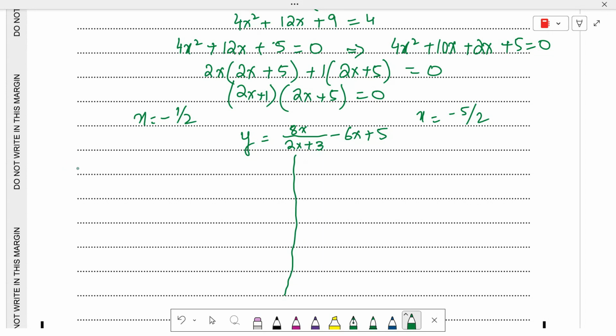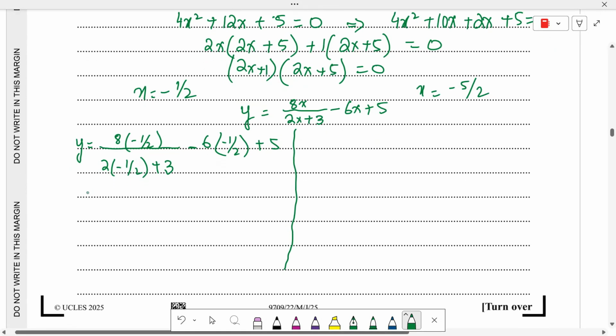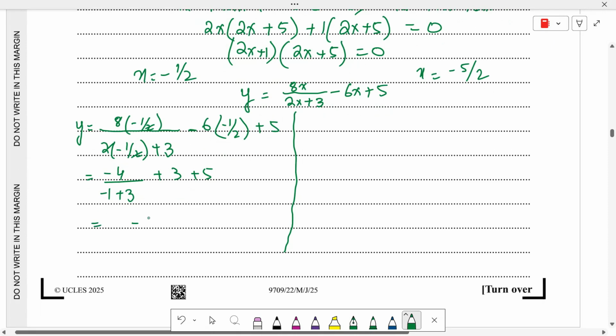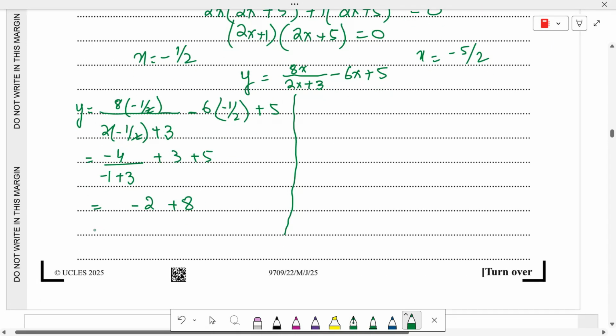In this equation we will have y equal to 8 times negative 1 by 2 over 2 times negative 1 by 2 plus 3, minus 6 times negative 1 by 2, plus 5. And when we solve it we will have negative 4 over negative 1 plus 3, and this will be equal to negative 2, and this is plus 3 plus 5, and this is equal to negative 2 plus 8, and the y coordinate is equal to positive 6.